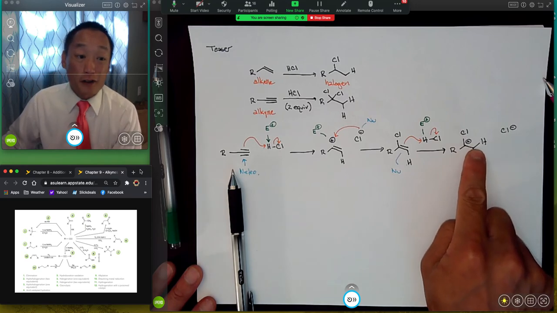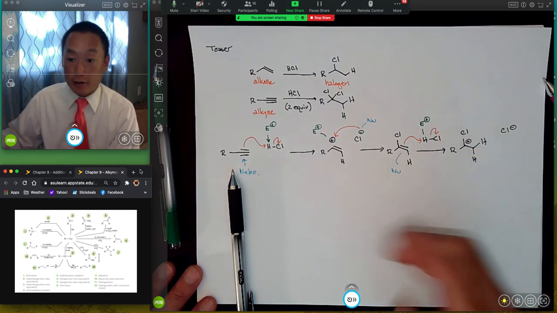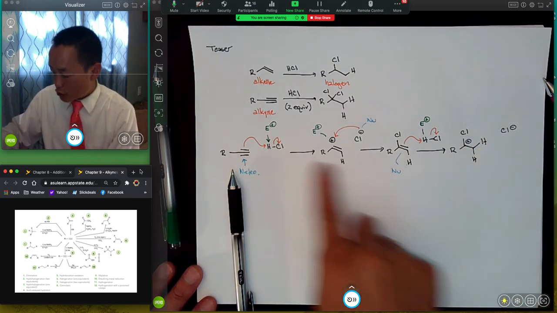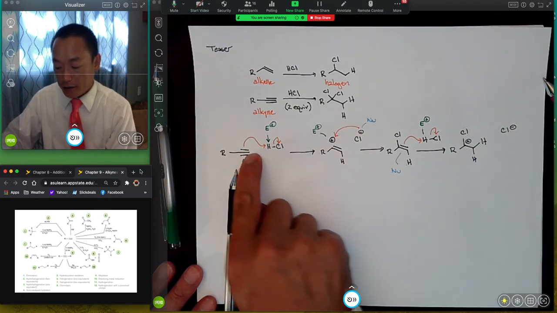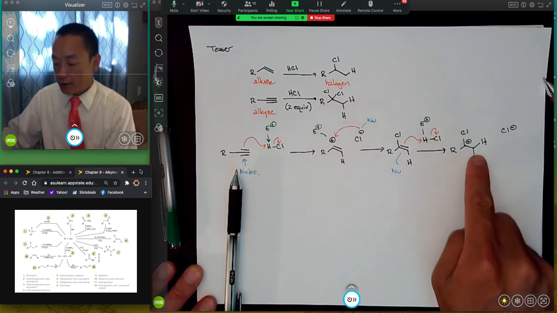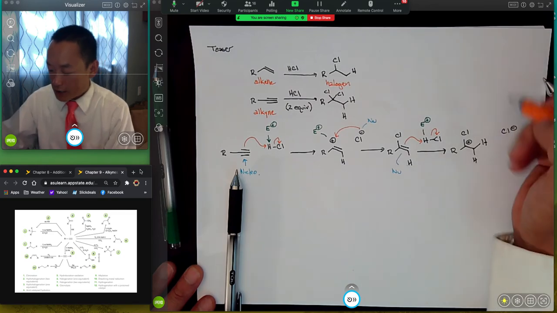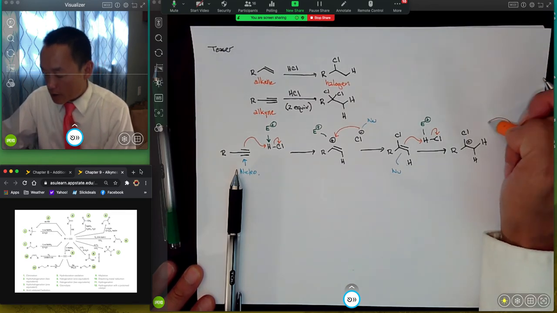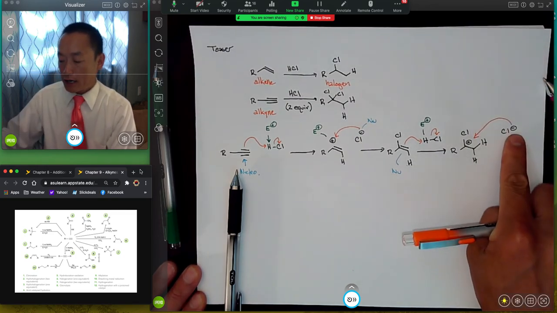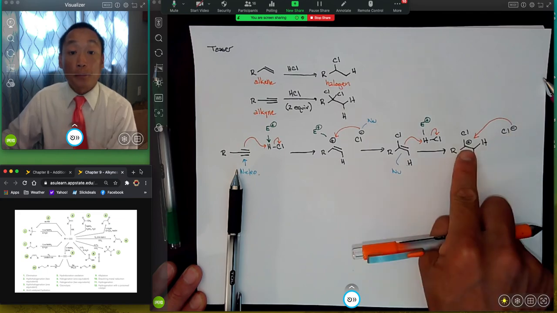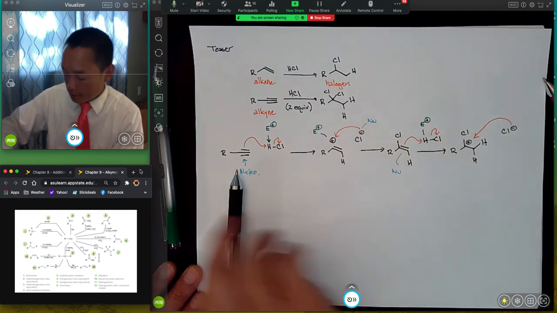Keep in mind, don't forget there's an implicit hydrogen right here. And so I've never shown that completely. It's hidden here, hidden here, hidden here, hidden here. But that doesn't change anything because here's the nucleophilic attack of the negatively charged nucleophile with the positively charged electrophile.